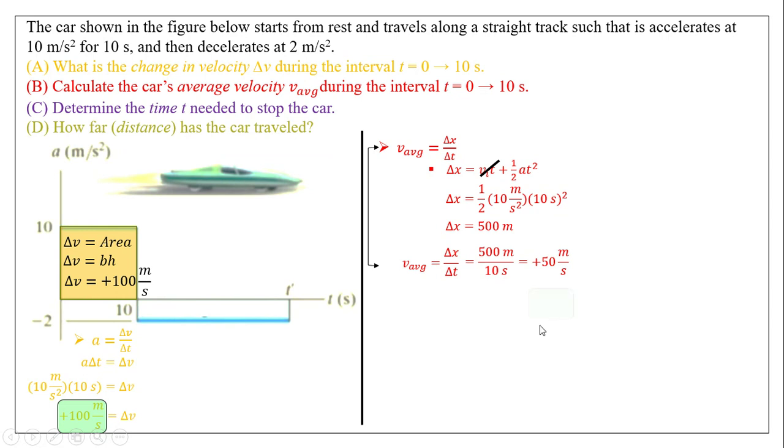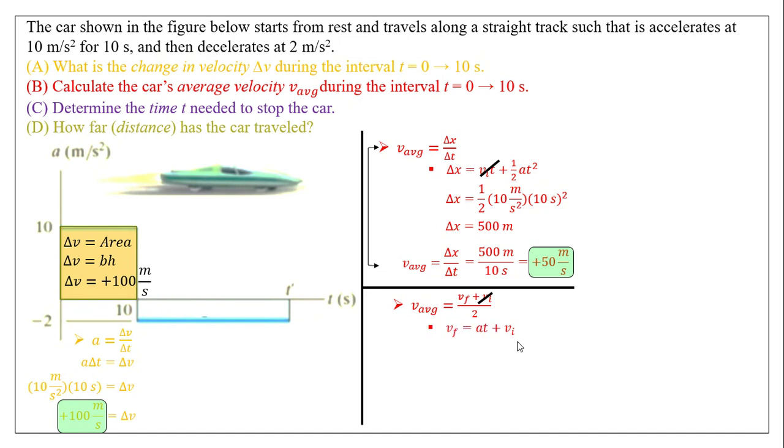The other way to find it, if you like, is to recognize that because acceleration is constant, for the first 10 seconds, the acceleration is a constant 10 meters per second squared, you can find average velocity using this particular function in kinematics as well. Here, I know VI is 0 because it starts at rest. And then I can find VF really quick.